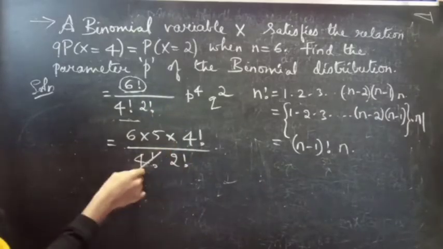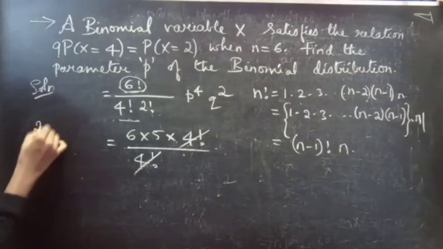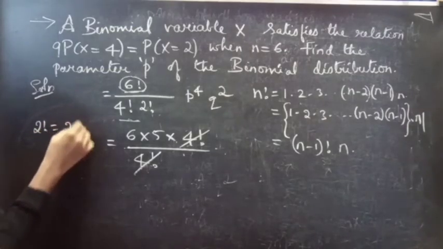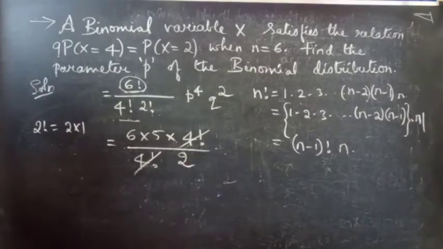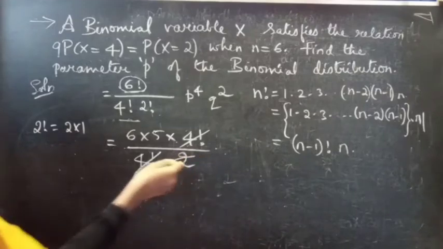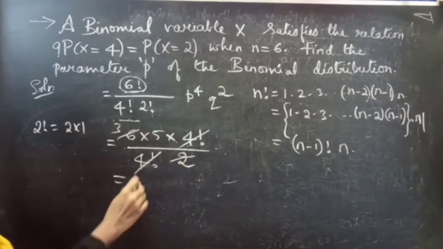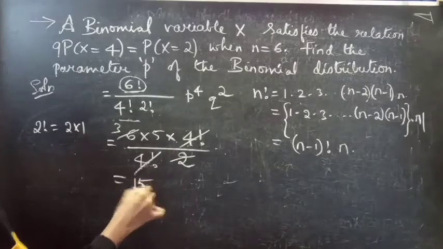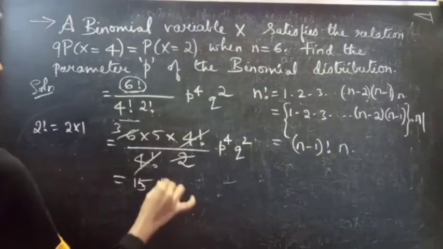Now easily you can cancel 4 factorial and 4 factorial, and 2 factorial equals 2 into 1, which is 2. 2 ones are 2, 2 threes are 6. Again, 3 fives are 15. P power 4 and q square remain the same.